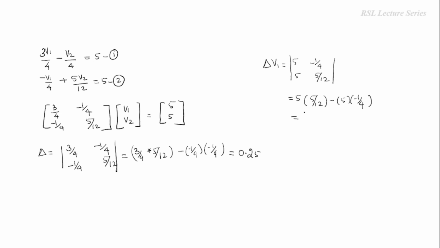So on simplification, this delta V1 value will be equal to 3.333. Now V1 is given by delta V1 by delta, that is equal to 3.333 divided by 0.25. So this will be equal to 13.33 volts.